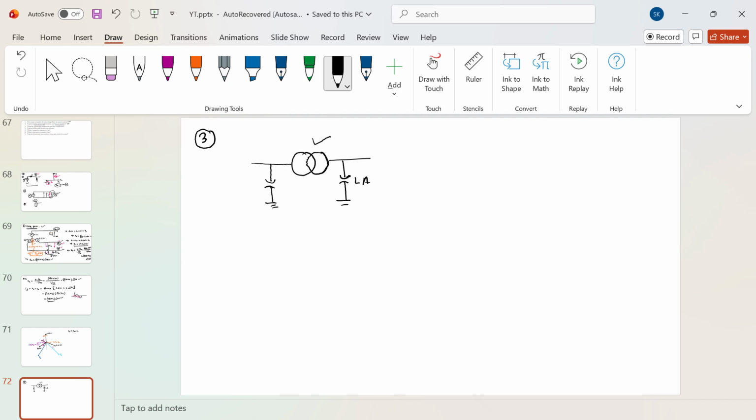At normal voltage, the lightning arresters offer a finite resistance, but at heavy high voltage, because lightning contains heavy voltage, the characteristics will be non-linear. Maybe up to some normal value it will be linear.